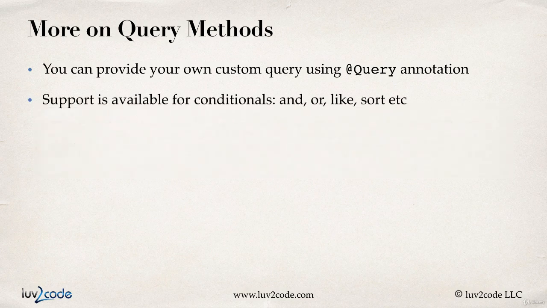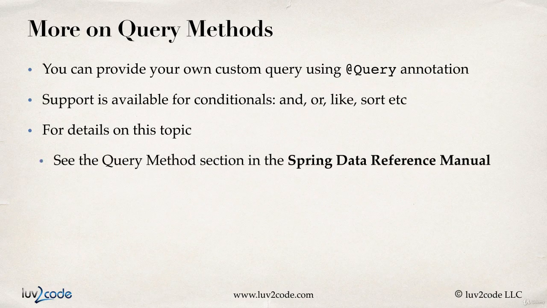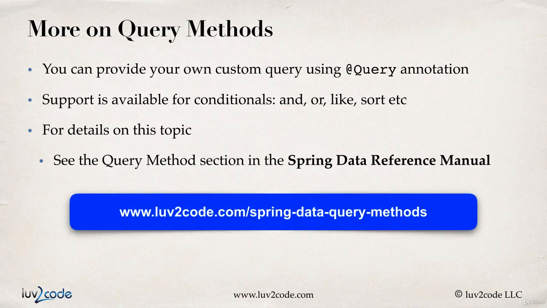The query methods also have support for conditionals like and, or, like, sort, and so on. For details on this topic, you can see the query method section in the Spring Data Reference Manual. Here's the link on the slide. It'll redirect you to the official documentation, and you can read all the details on this topic.